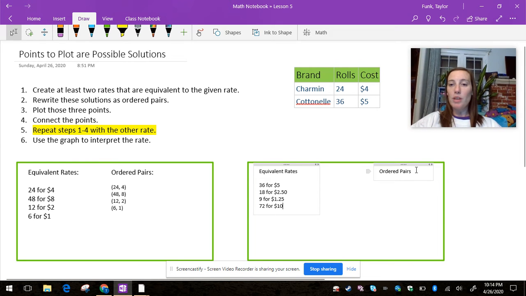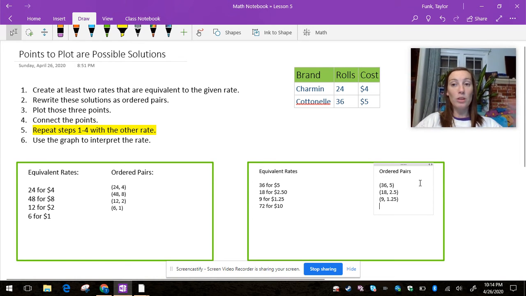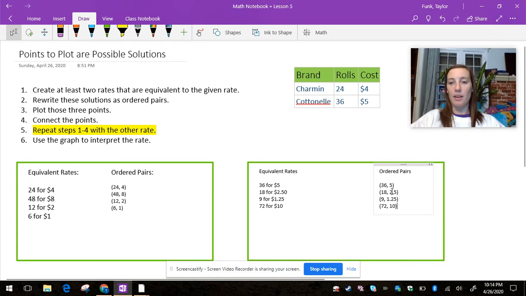All right. So then my ordered pairs are 36, 5, 18, 2.5, 9, and I want to make sure that if rolls was on the left before, it's got to be on the left this time as well, so that my X and Y aren't getting confused.